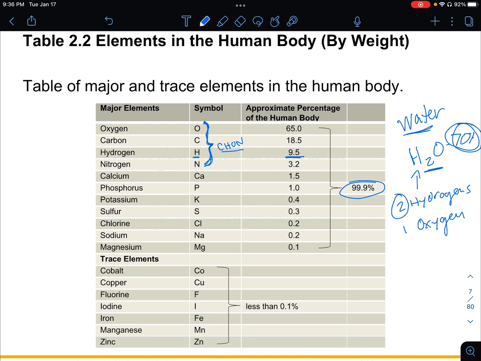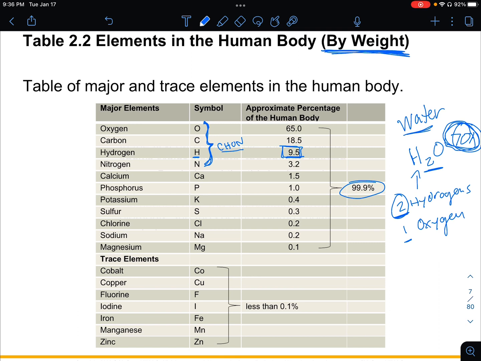If we have a human organism made up of 60 to 70% water, and the chemical formula of water has 2 hydrogens and only 1 oxygen, then why, with our body being made of double the amount of hydrogens, does the percentage of hydrogens only make up 9.5% of the major elements in the body by weight? This is going to be our kicker.